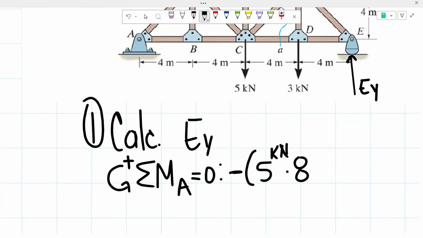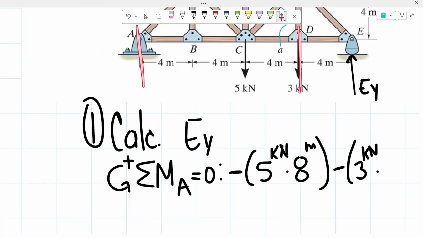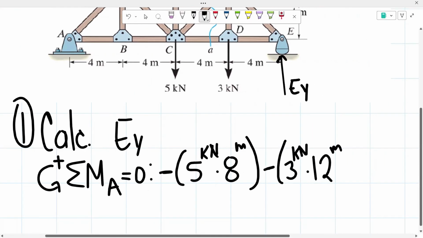8 meters, so times 8 meters. From there, we have another force on the right side of that point going downward. So once again, we're going to have that clockwise moment, meaning a negative moment, with a force of 3 kilonewtons. And this time with a distance of, we know that from here to here, there's a distance of 12 meters. So times 12 meters. And then from there, we have E sub y.